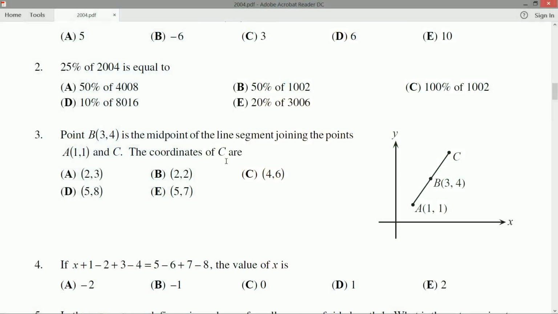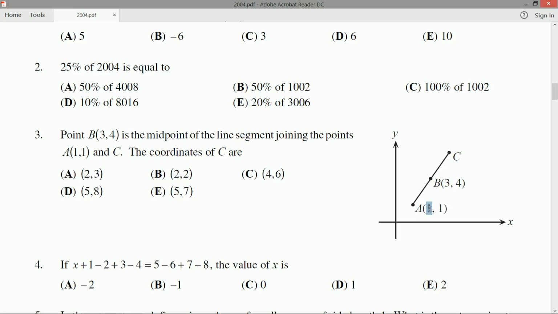Okay? Alternatively, it's question number 3, and if you have a lot of experience with Cartesian coordinates, you could probably jump to the answer, which I think is going to be (5, 7). I'll just verbally explain how I did it so quickly. B is in the middle. So let's think not of the line, but of the distances along the x-axis that we're moving.